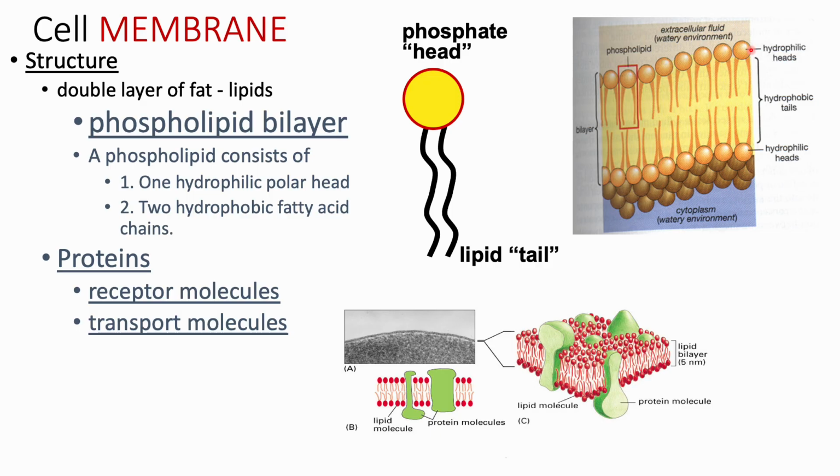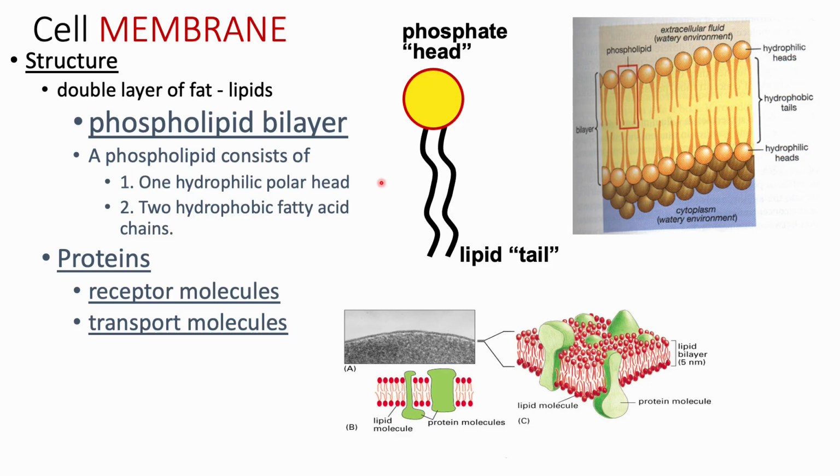The heads like water because they are hydrophilic. These heads are pointing to the outside of the cell, and there's a watery environment found there. These heads are pointing into the cytoplasm. Remember, the cytoplasm was a watery environment. Hydrophilic heads, they like water, hydrophobic tails.